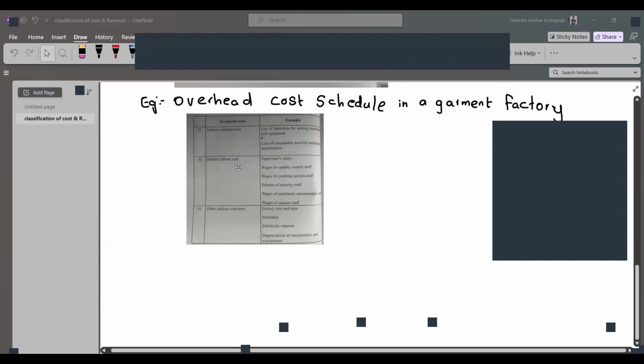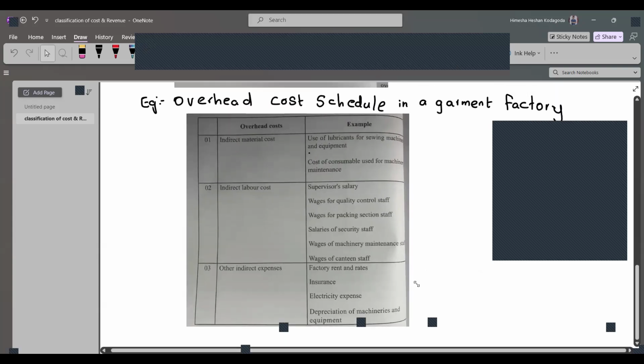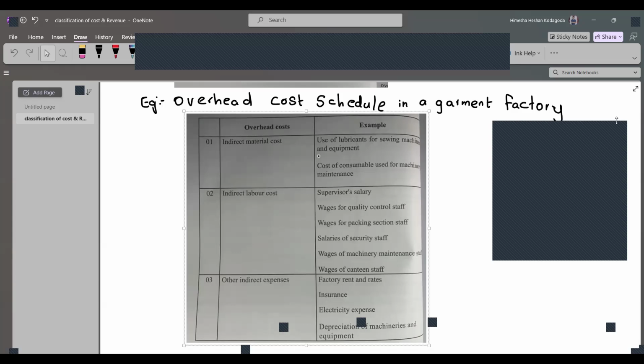Okay, now the latter part. This is the overhead cost schedule in a garment manufacturer.